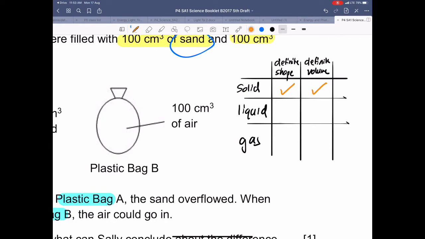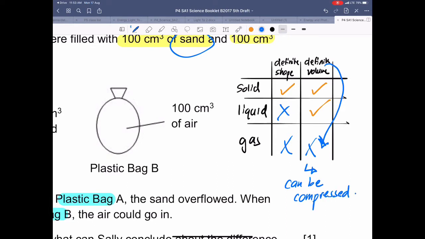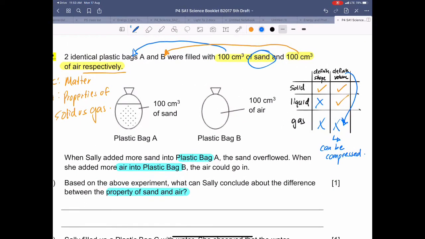A liquid has no definite shape but a definite volume. And a gas has no definite shape and no definite volume. Because the gas has no definite volume, we say that it can be compressed. That means it can be squashed and made smaller, the amount of space. Alright, this is what you could do in exams, which I highly recommend.